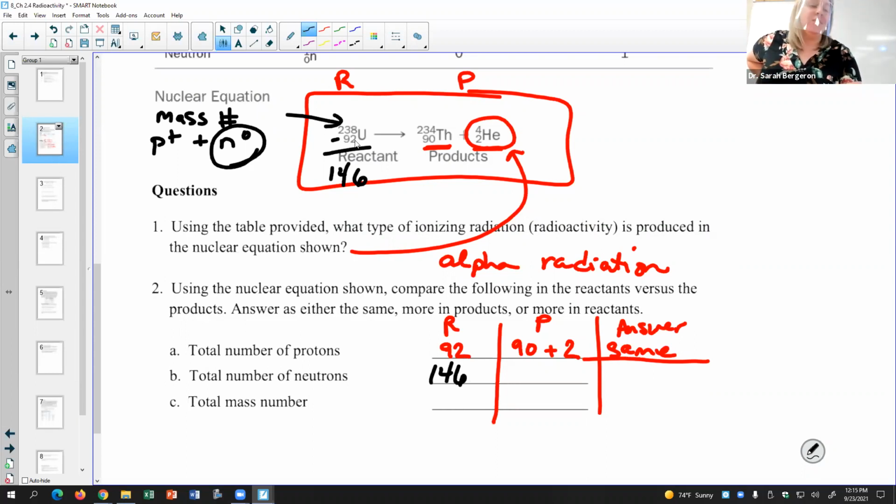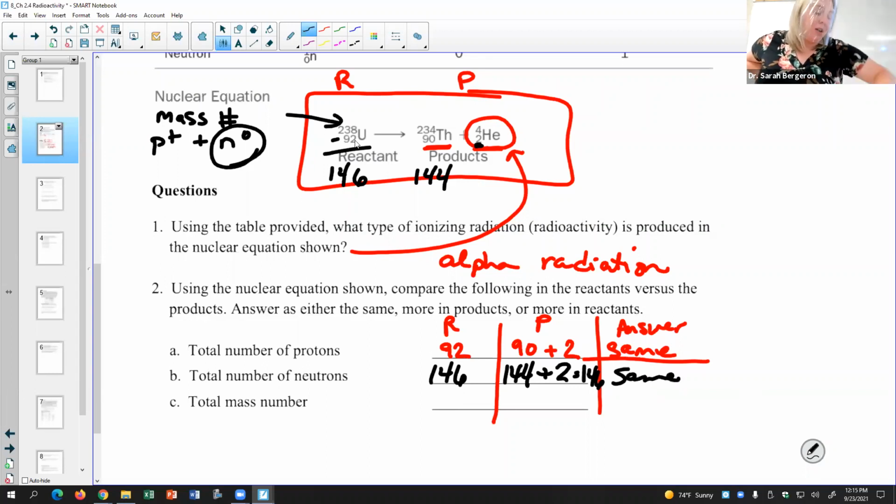Now I have to do the same thing for the products. 234 minus 90 is what? 144, right? So I get 144 plus these two. What do I get? 146. So what is my answer? It's the same. How about total mass number?